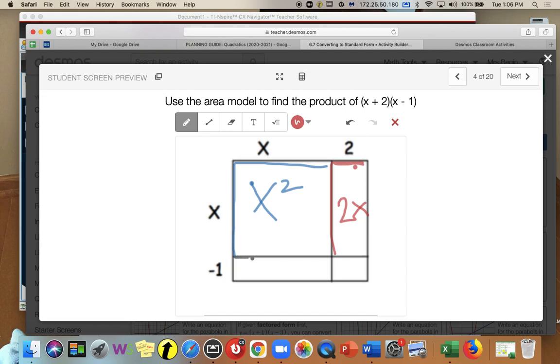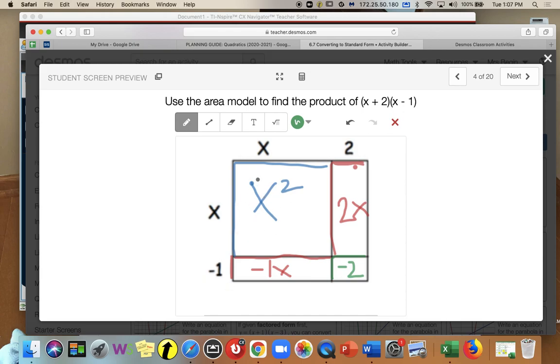In the lower rectangle, we have a width of x and a height of -1, so that would be -1x. And then in our last box, we have 2 times -1, which is -2. So in our first example, we multiply each box, and then we combine like terms. So I'm going to do that.